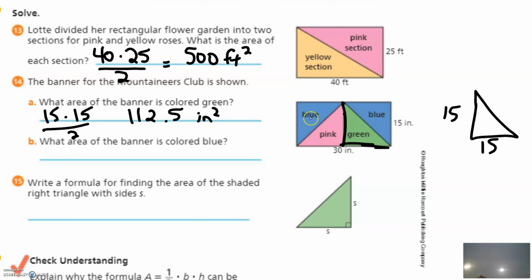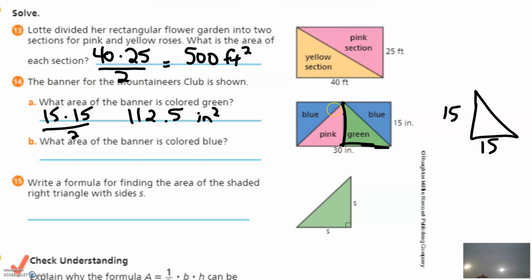Okay. What part is blue? Now, you could do that a couple different ways. Since you know this is going to be 112.5 and this is 112.5, you could add those two up, 225, figure out what the area of the whole thing is, and subtract that 225.